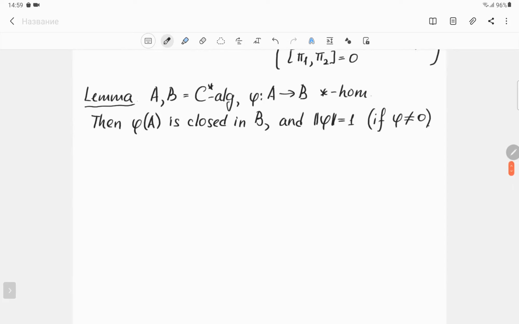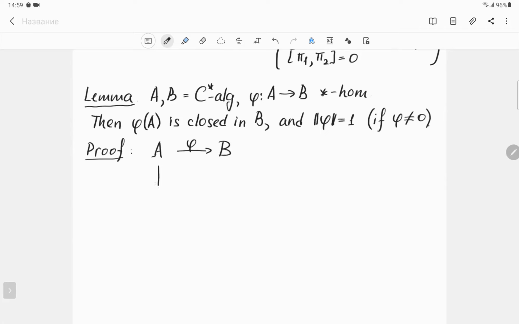By the way, let's recall that we already know that each star homomorphism between C-star algebras is automatically bounded, and the norm of this homomorphism is less than or equal to 1. And now I claim that the image of such a homomorphism is always closed. The proof is just a combination of some facts that we already know about. So let's draw a picture. This is our homomorphism phi.